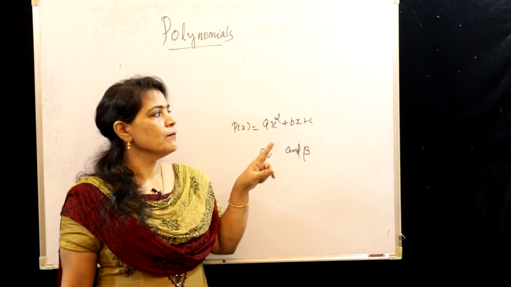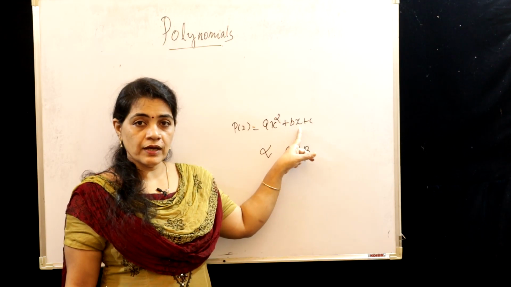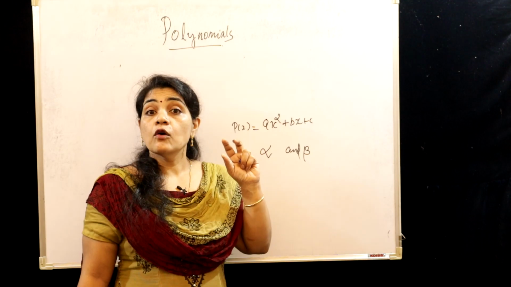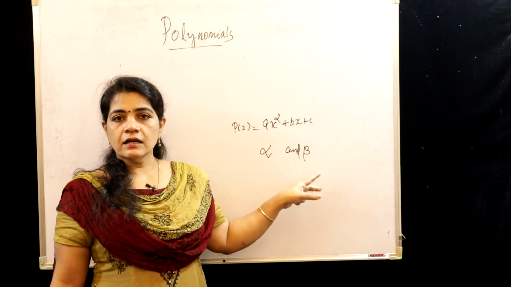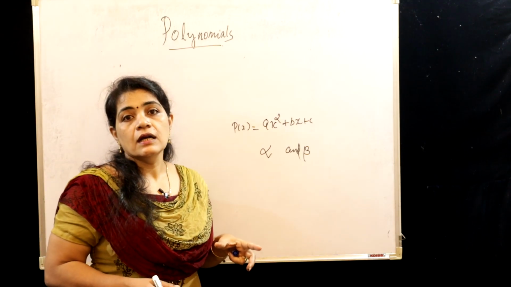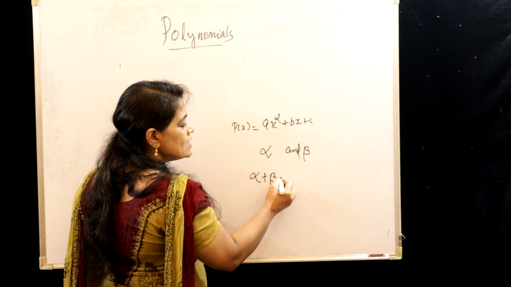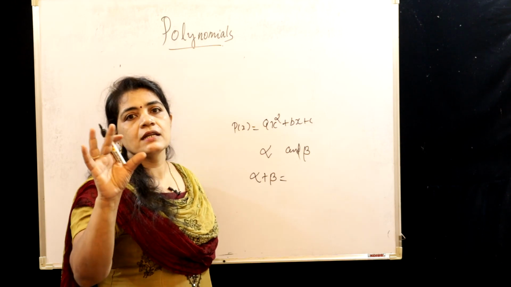Coefficients are nothing but the coefficient of x square in the given polynomial, a, the coefficient of x, which is b, and the constant term c. These are what we call the coefficients of the quadratic polynomial. And alpha and beta are the zeros of the polynomial. The sum of the zeros, alpha plus beta, children, zeros mean alpha and beta, coefficients mean a, b and c.